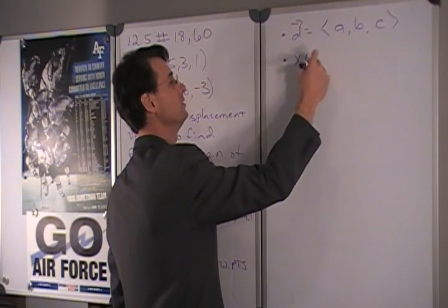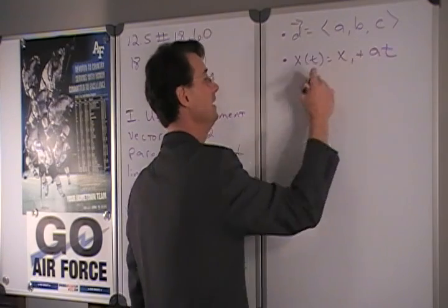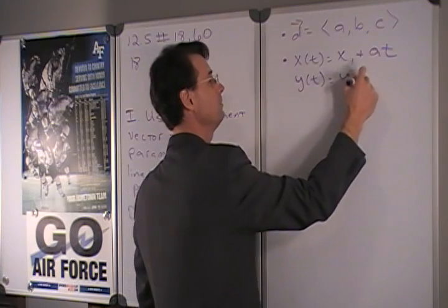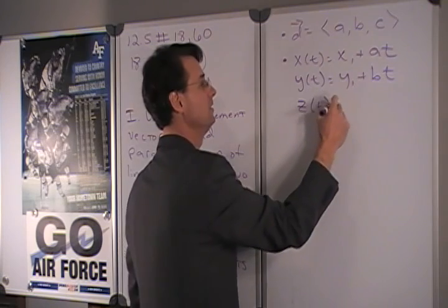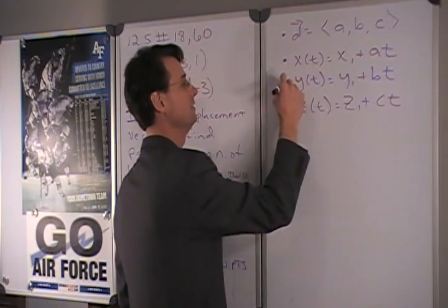X would be x1 plus AT, y would be y1 plus BT, and z would be z1 plus CT.